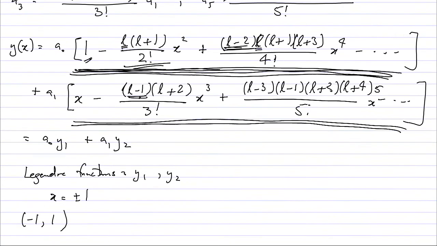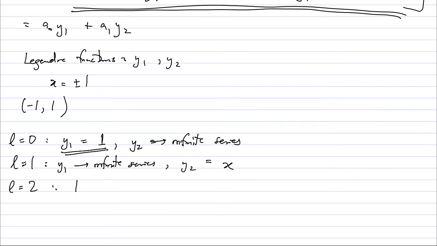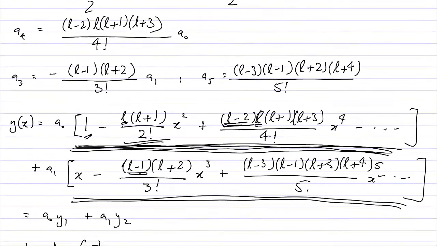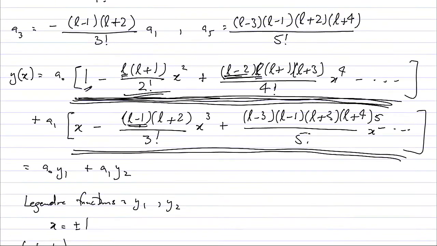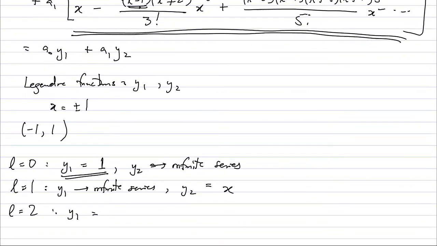Okay, so y1 is equal to, if you go up, what you get is 1 minus L multiplied by L plus 2, L plus 1 over 2 factorial. So you have 1 minus L over L plus 1 over 2.